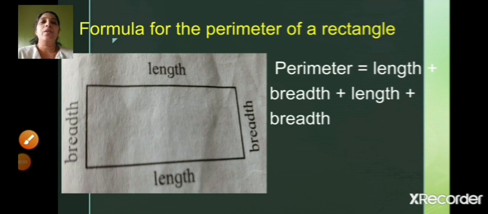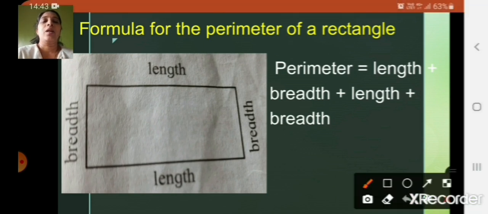So now children, today we will be seeing the formula for the perimeter of a rectangle. What is the formula for calculating the perimeter of a rectangle? Now you can see here in the figure, rectangle, as I had told you, the opposite sides are equal, right?